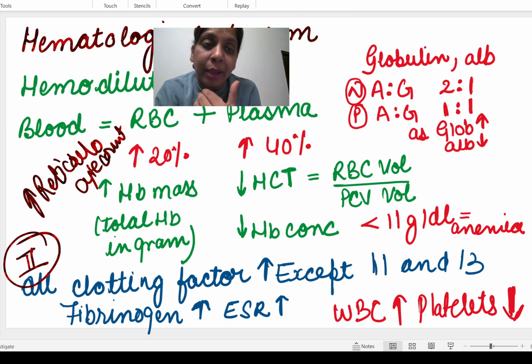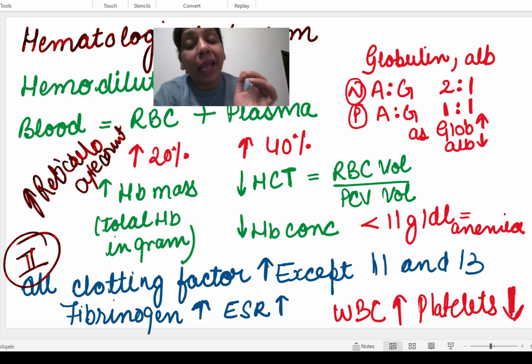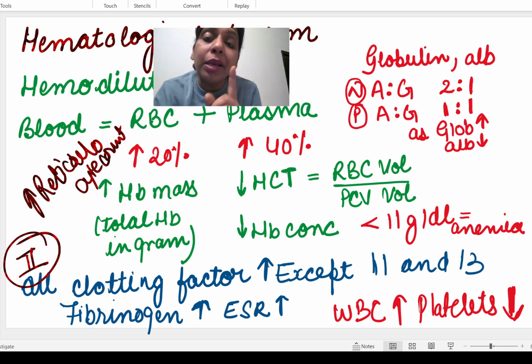I always remember it like this, that the globulin increases and the albumin decreases, because in pregnancy there are golu molu bachches. In a normal lady, the albumin by globulin ratio is 2:1, but in a pregnant lady, due to the decrease of the albumin and increase of the globulin, the albumin globulin ratio is 1:1.